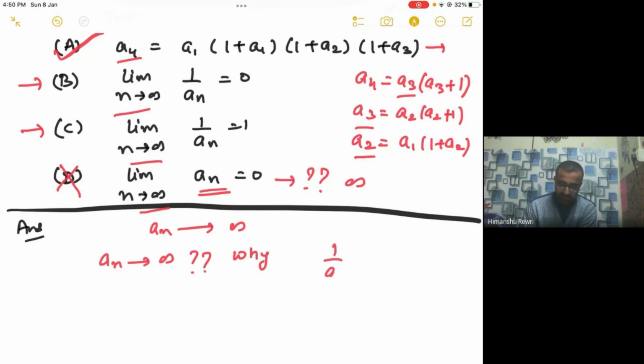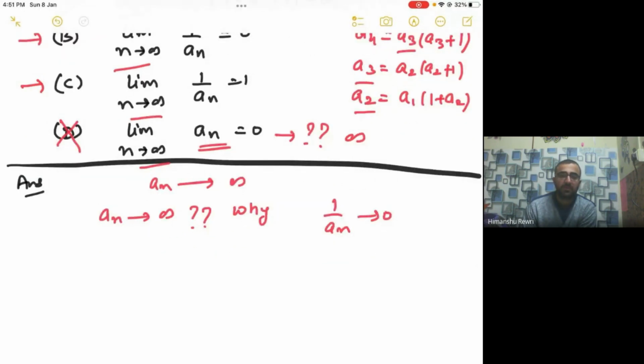It is the same as 1 by n tending to 0. Yes. Anyone?